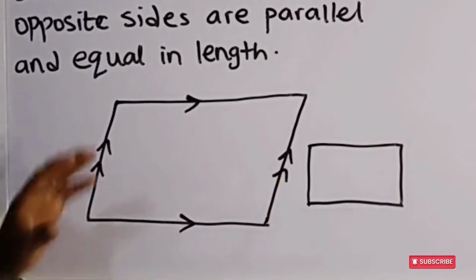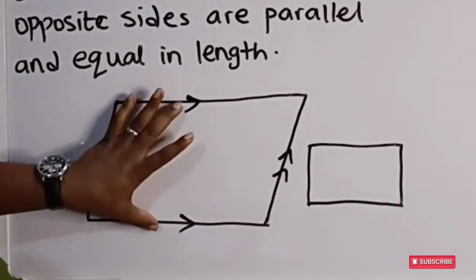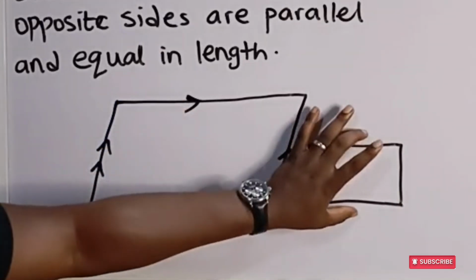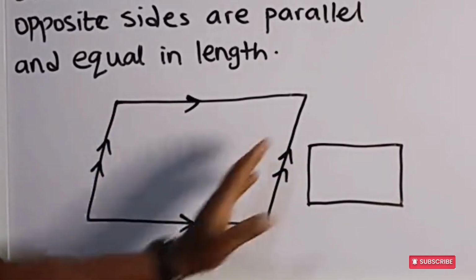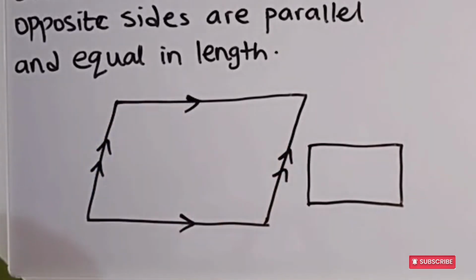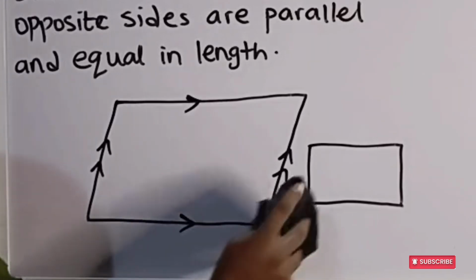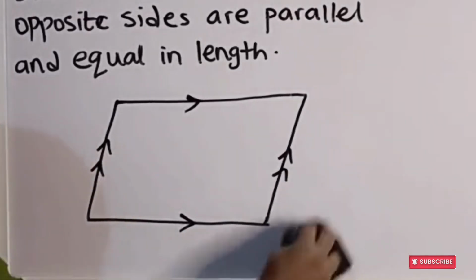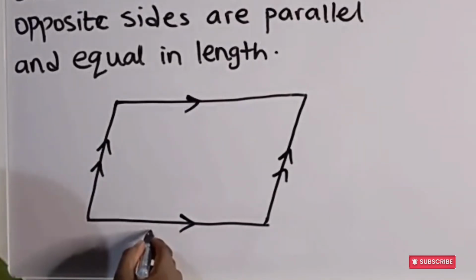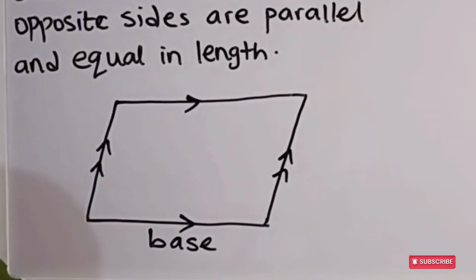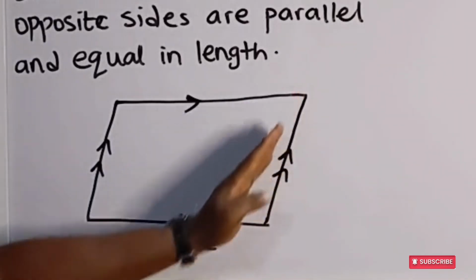But just like in the case of a rectangle, the opposite sides are equal. For a rectangle, these two opposite sides are equal. For a parallelogram, the opposite sides are equal. Now let's look at more features of the parallelogram. This longer side, we call it the base. And then we can see that this side is slanting.